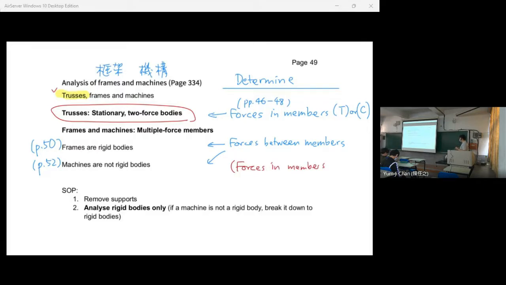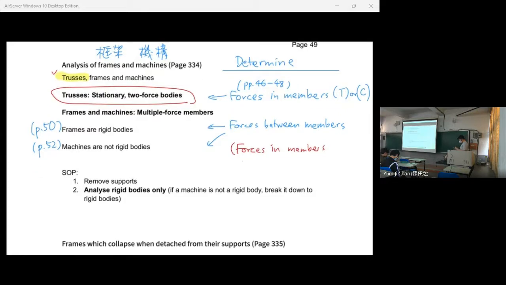I'm not sure if I have time, it will be in chapter 7 or in mechanics of materials. If I have time, I will talk about this in chapter 7.